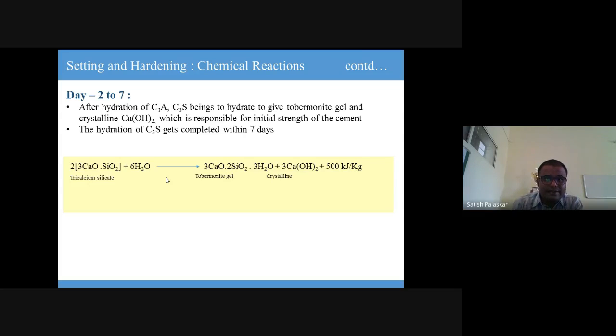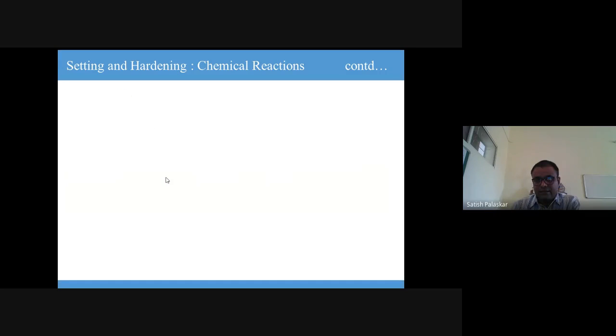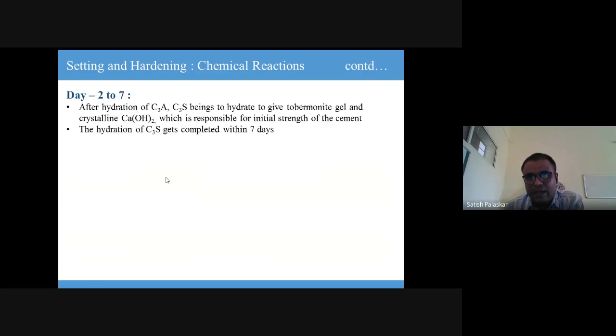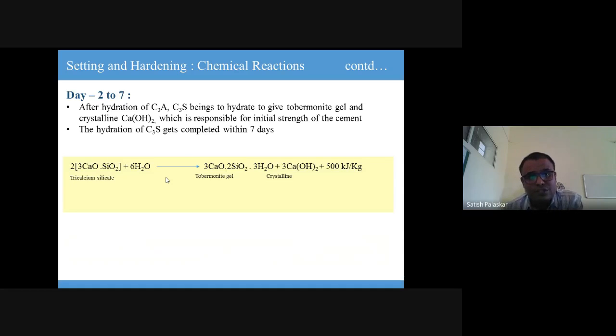Again heat is released, but how much? 500 kilojoule per kilogram. That amount of heat is released from day 2 to day 7. But in day 1, from the previous reaction, 880 kilojoule per kg is released, while in day 2 to 7, that is in 6 days, only 500 is released.